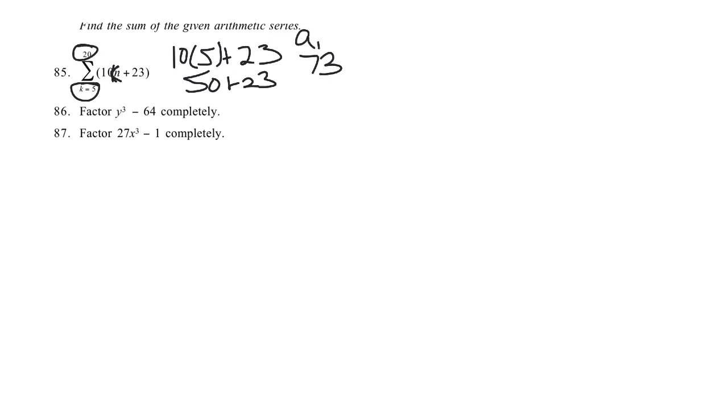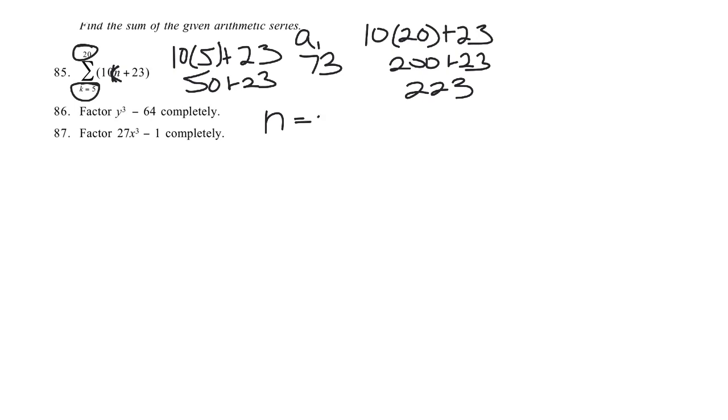Our AN is going to be plugging in 20. 10 times 20 plus 23, which is 200 plus 23. And then from 5 to 20, N is 20 minus 5 plus 1. That's the number of terms. So 15 plus 1, 16 terms.